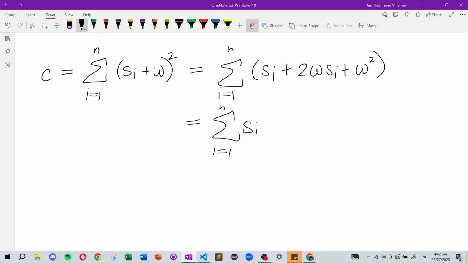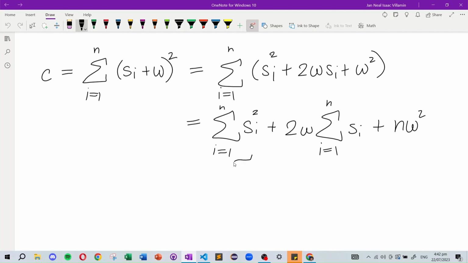So it's the summation of s sub i squared, plus 2 times w times the summation of s sub i, plus, since there are n elements here and this is a constant, n w squared.